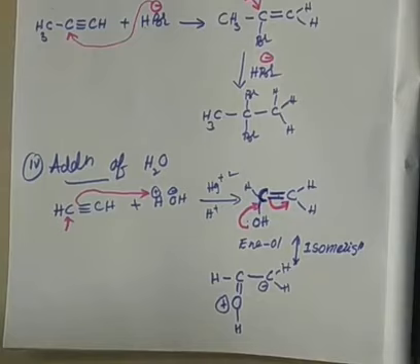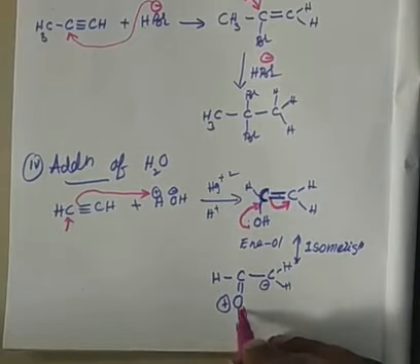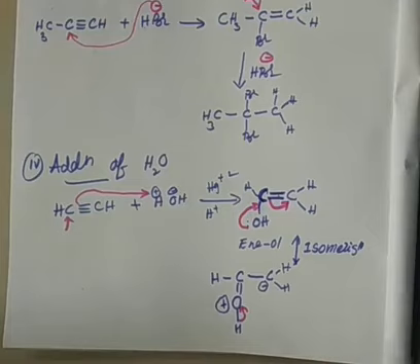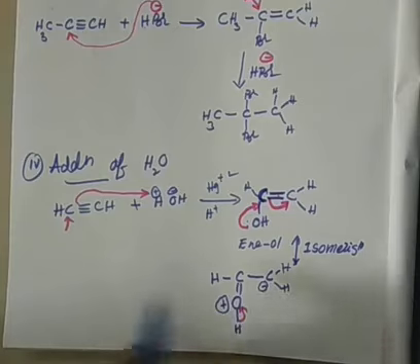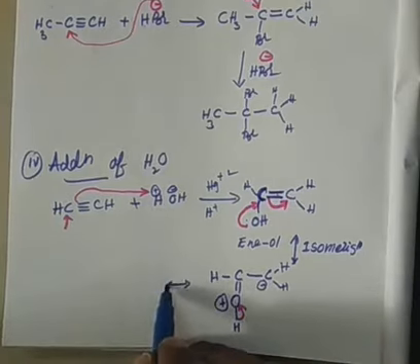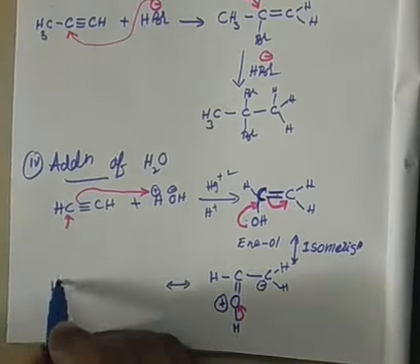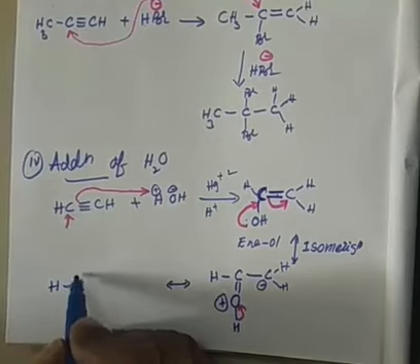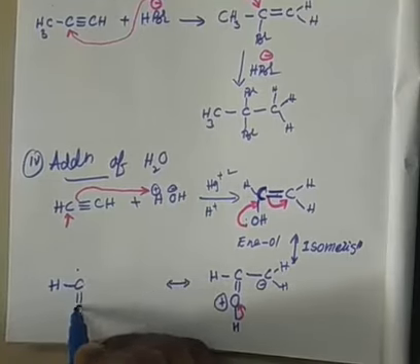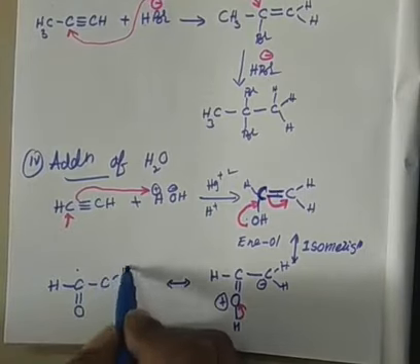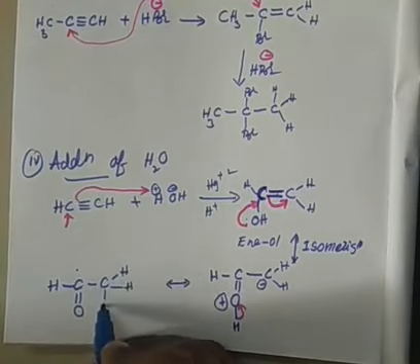So this proton gives its electrons to oxygen, because oxygen gains a positive charge, and this proton goes and attacks over here. Look at this. This double-headed arrow indicates just isomerism or resonance, we say. See the double bonded O and C, and now all the hydrogens I will write like this.